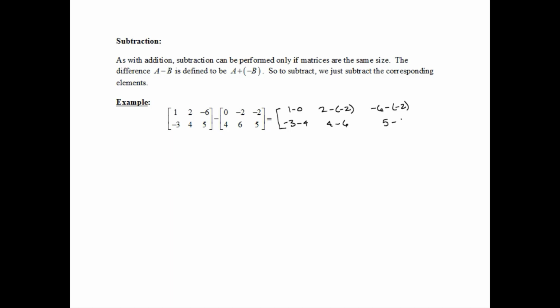And 5 minus 5. And so when we simplify that matrix, we're going to get 1, and then 4, and then negative 4. Second row we'll get negative 7, negative 2, 0 when we subtract those two matrices.